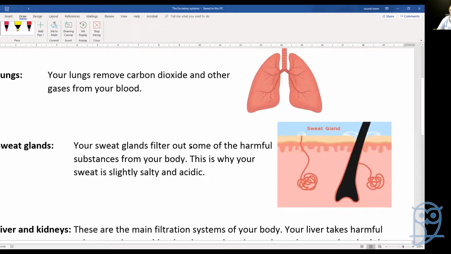So your sweat glands filter out some of the harmful substances from your blood and then excrete it as sweat out of your body. So there's a little sweat droplet forming. This is your sweat gland.